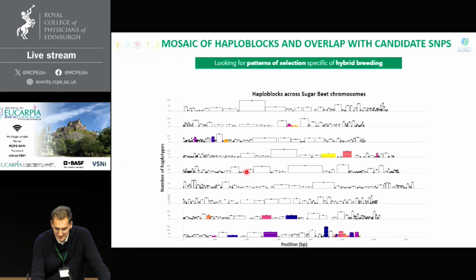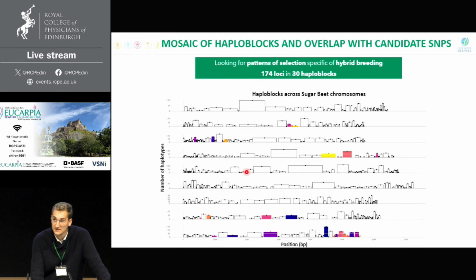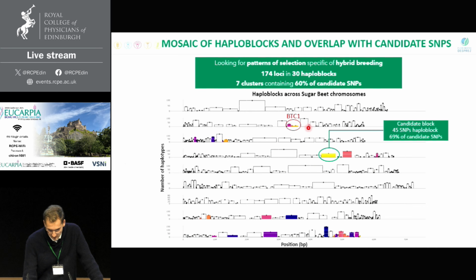And what we see here is that with 174 loci, there are only 30 haploblocks, and in fact, only 7 clusters of candidate regions that are carrying 60% of candidate SNPs, so very, very high. Here in yellow, for example, is the chromosome 2 signal that I just showed you. So this is exactly what we see here.